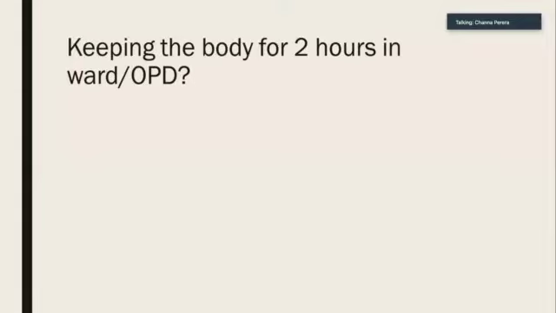Then of course you have to check for gag reflexes, vestibulo ocular reflexes and so forth, apart from these parameters that we check for. But normally what you have to do is the ordinary certification of death, as I mentioned here.